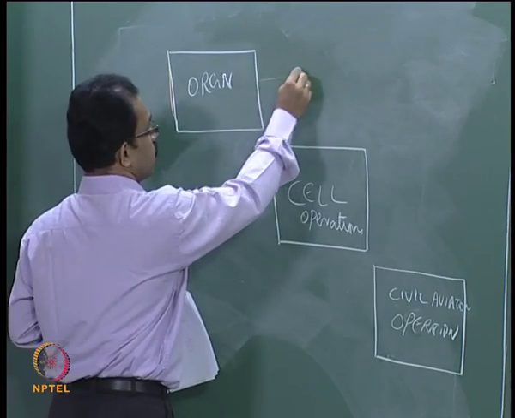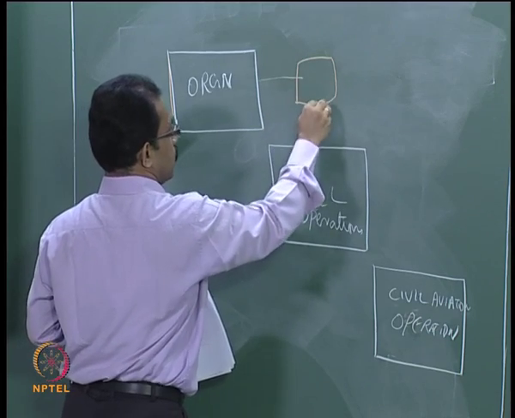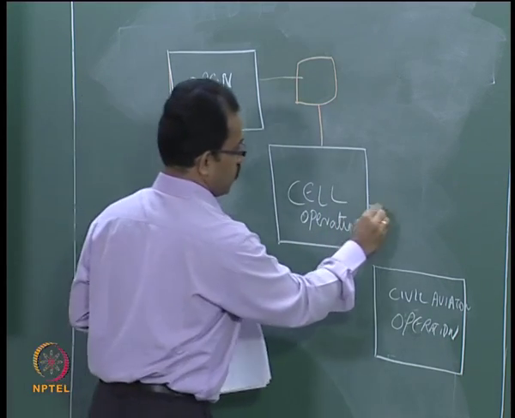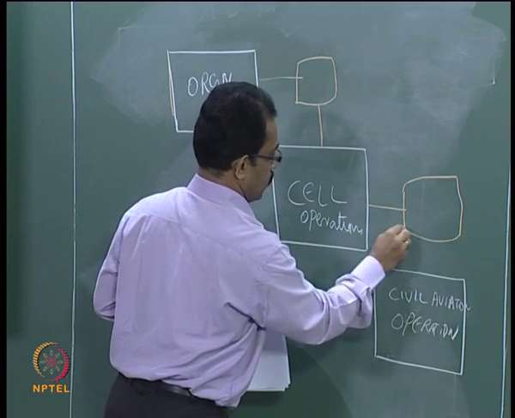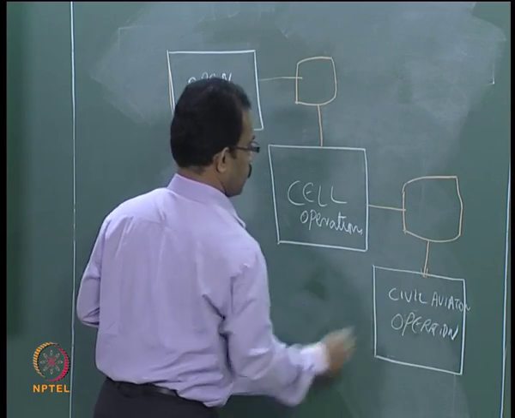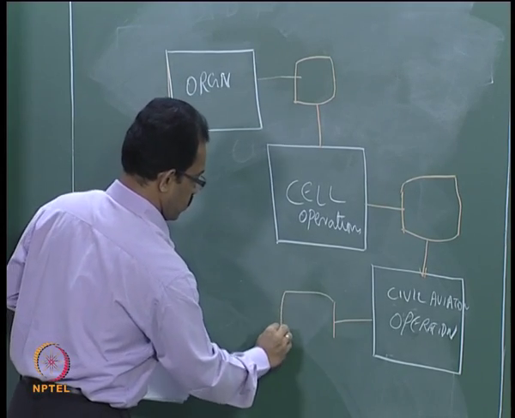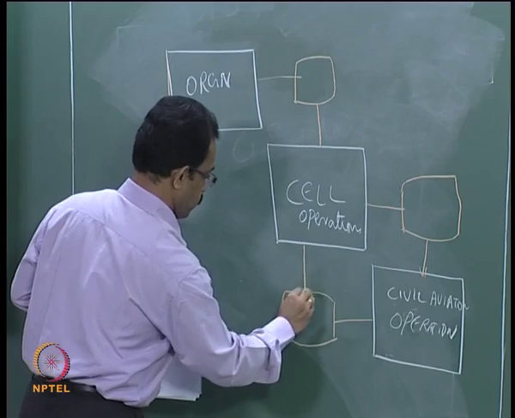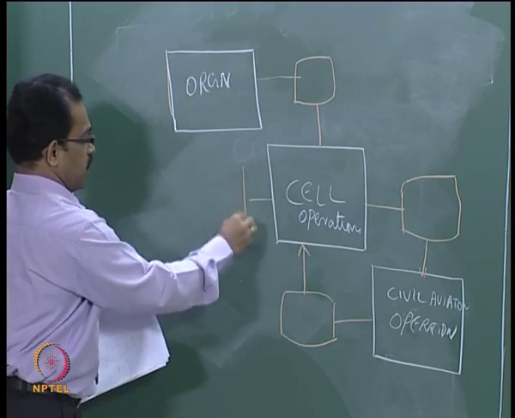From here there was a lot of interaction, and from here also interaction was there. And of course between these two functions there were interactions, and here there were interactions.